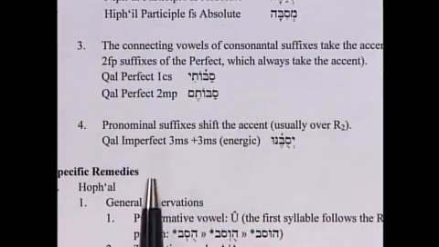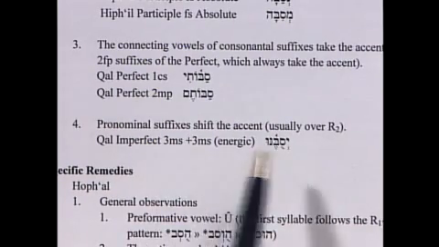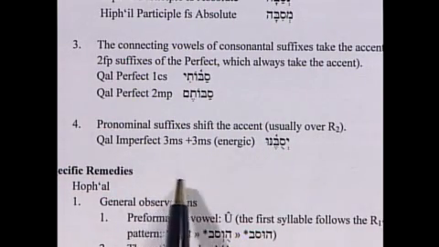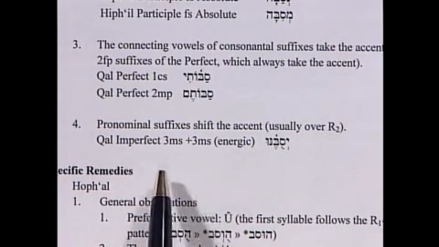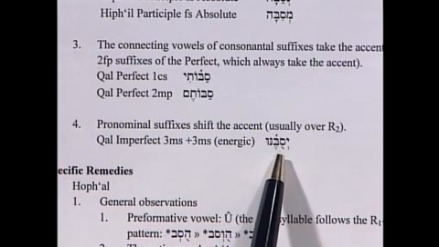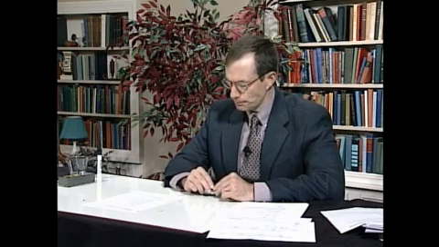And finally, number 4, your pronominal suffixes also will always shift the accent off of the thematic vowel. You can see this with the example I give you here of a Qal imperfect 3ms with a 3ms energic suffix, yesubenu, you see. So those are general remedies, and by that I mean they will be applied to all conjugations that we look at.